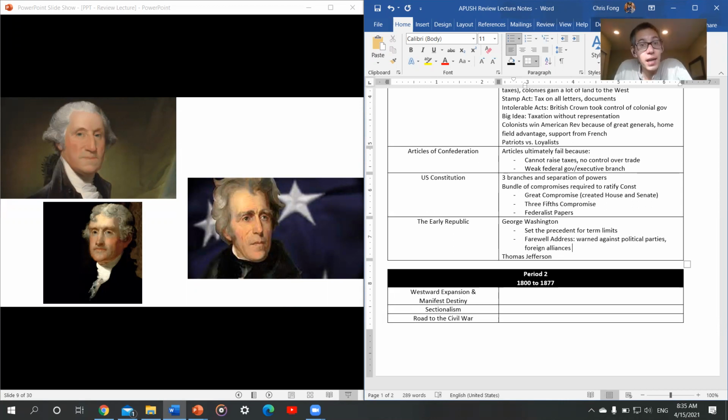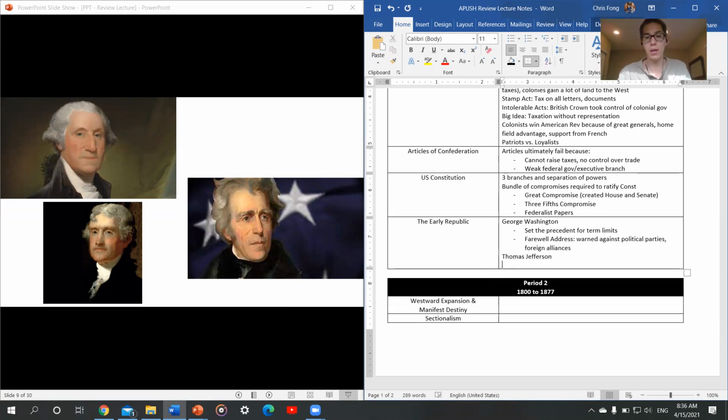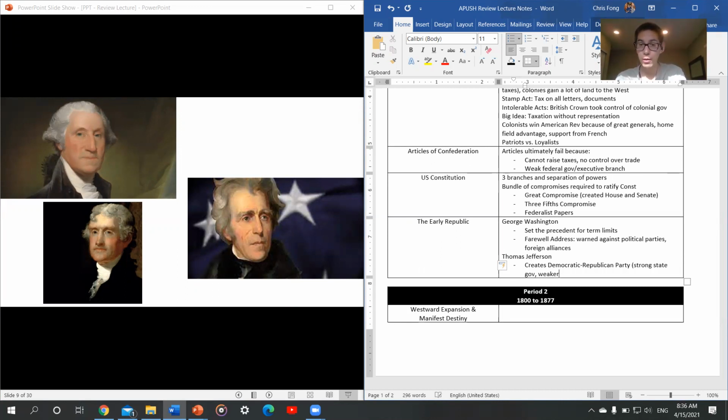That did not last very long because when Thomas Jefferson comes along, he doesn't create the modern political party system, but he creates the Democratic Republican Party, which in a very simplistic view believed in strong state government and a weaker federal government.